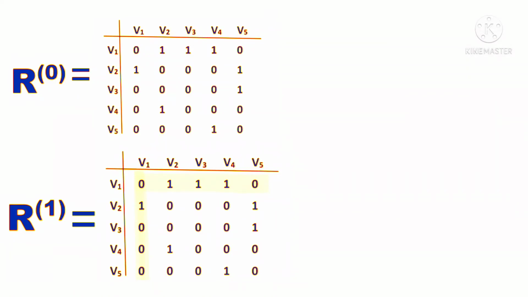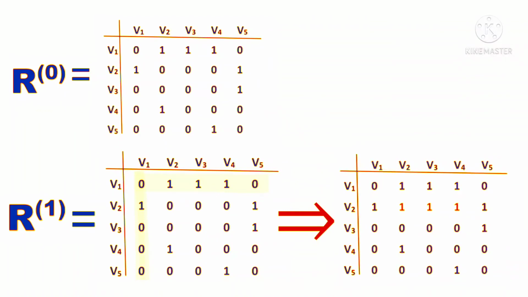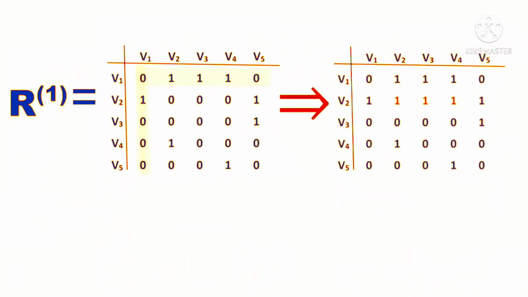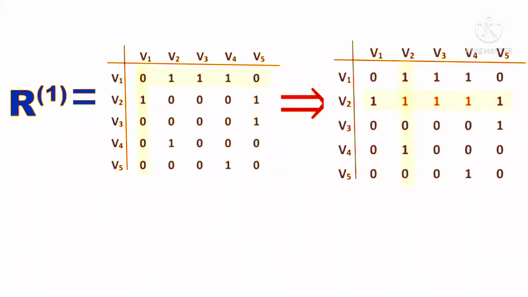In R to the power of 1, a 1 reflects the existence of a path with intermediate vertices in the row of V sub 2, which are V sub 2 to V sub 2, V sub 2 to V sub 3, and V sub 2 to V sub 4. The highlighted row and column are used for getting R2.